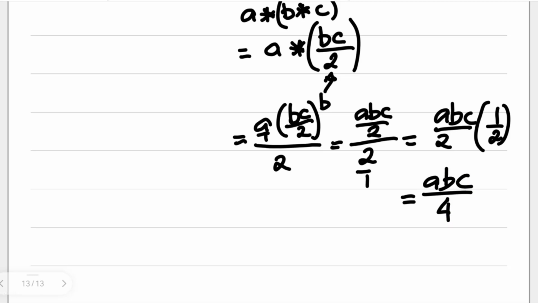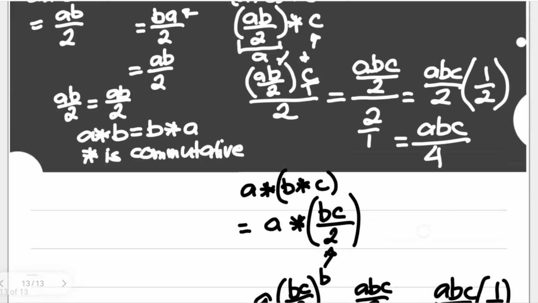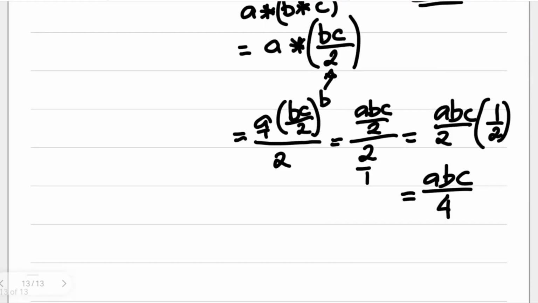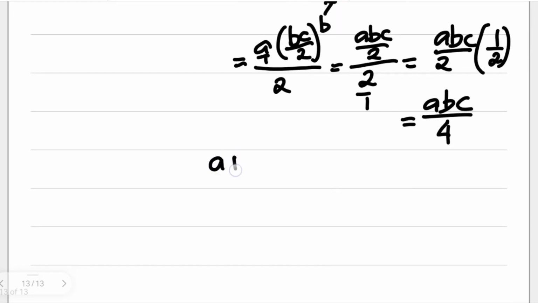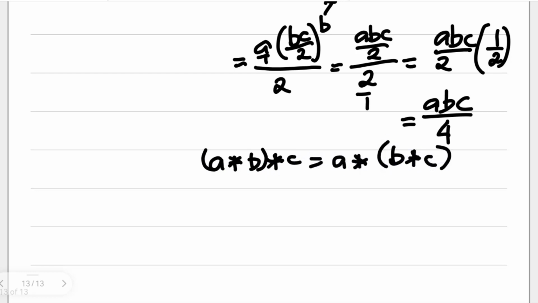This is the result of A star, the grouping B star C. And if you examine, we have the same result as earlier. We have shown here that A star B before star C is just the same as A star, the grouping B star C, because ABC over 4 is equal to ABC over 4.